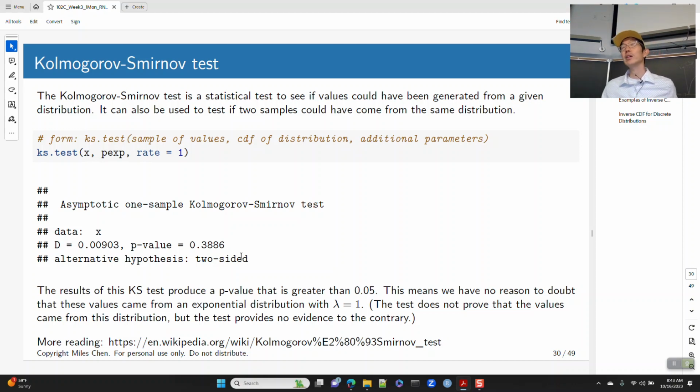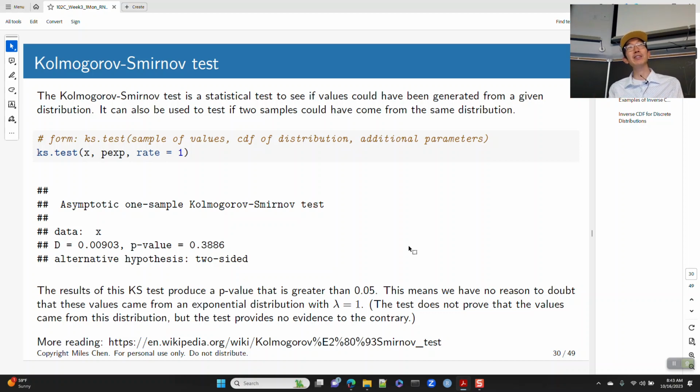To us, that means we do not have enough evidence to reject the null hypothesis. So for this sample of 10,000 values, we don't have evidence that it's not coming from the exponential distribution, okay? And just the way hypothesis testing works in statistics, this doesn't prove that it's coming from the exponential distribution, but we can't do that in statistics.